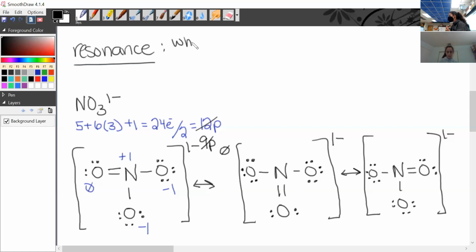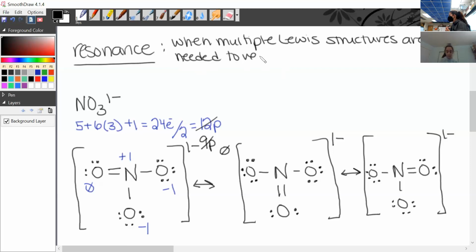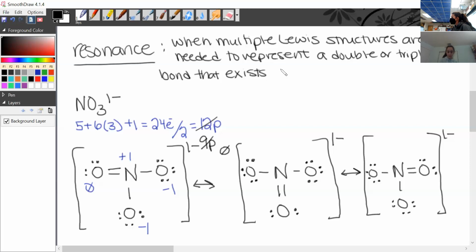So this is when multiple Lewis structures are needed to represent a double or triple bond that exists in multiple locations.